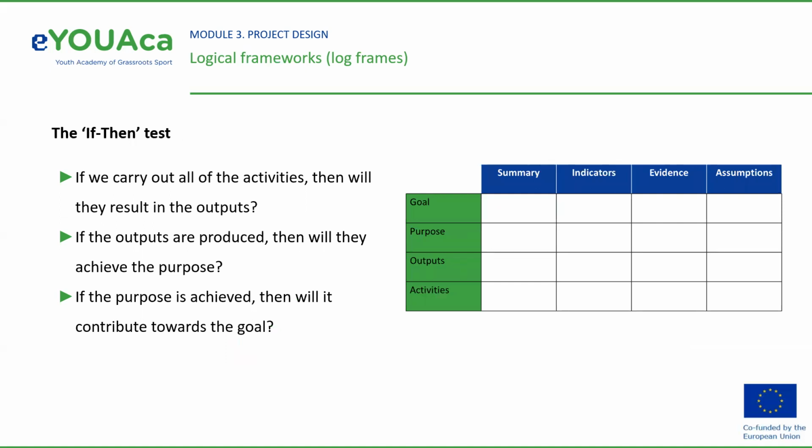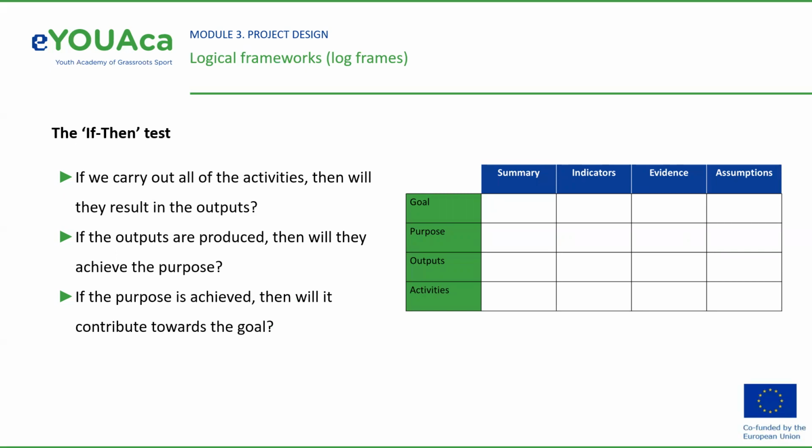When we have filled in the objectives for each level, we must make sure the statements are logically linked to each other. To do this, use the if-then test. Look at the activities. If we carry out all of the activities, then will they result in the outputs? Look at the outputs.